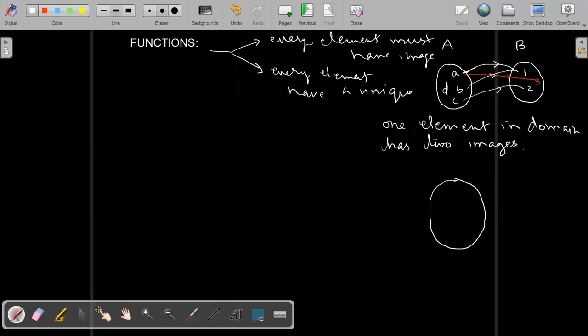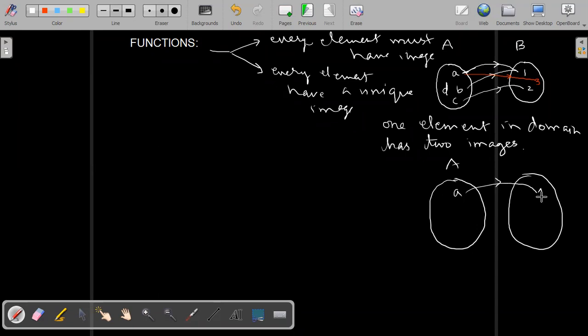What do you understand by unique image? Try to understand that A is an element in the domain and its image is 1. And B has an image also 1. And C has an image 2.